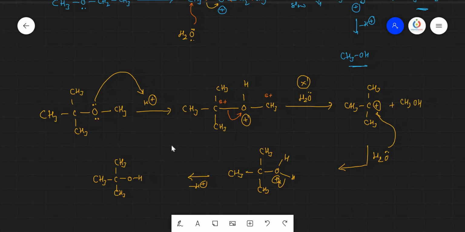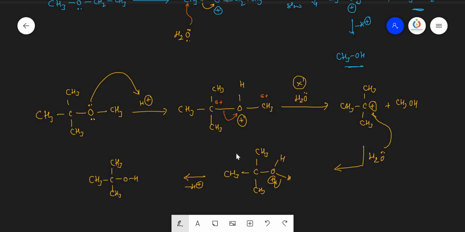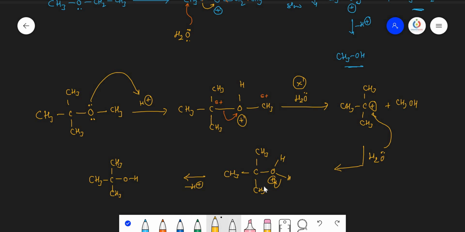And here there are many things you need to observe. First of all, disconnecting this bond is a slow step, and in this slow step only the ether participates. Hence, it is a unimolecular nucleophilic substitution reaction.